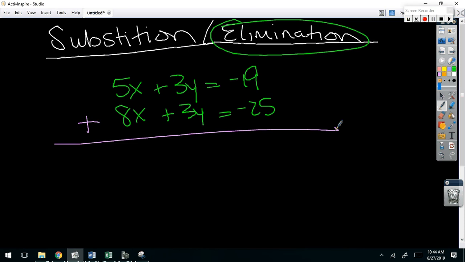-1. So I could multiply through either one. We'll do the first one since it's a little bit easier to see.